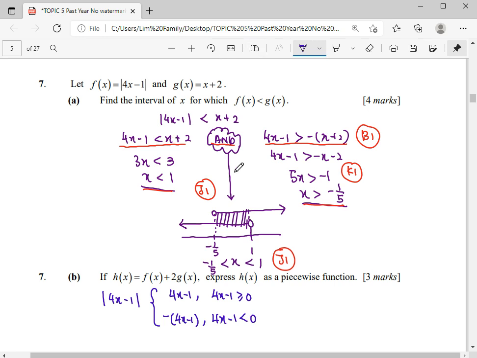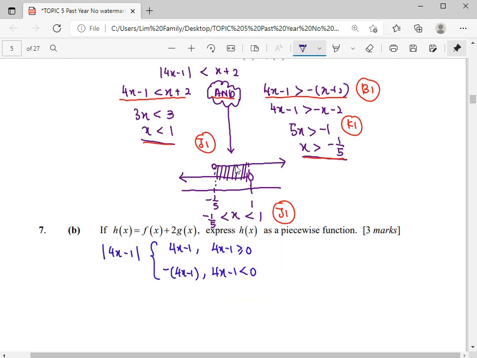So when we simplify, it will be 4x minus 1, where the interval will be x greater than or equal to 1 over 4. And another part of the function, negative 4x plus 1, where x is less than 1 over 4. So we can see the piecewise function clearly.